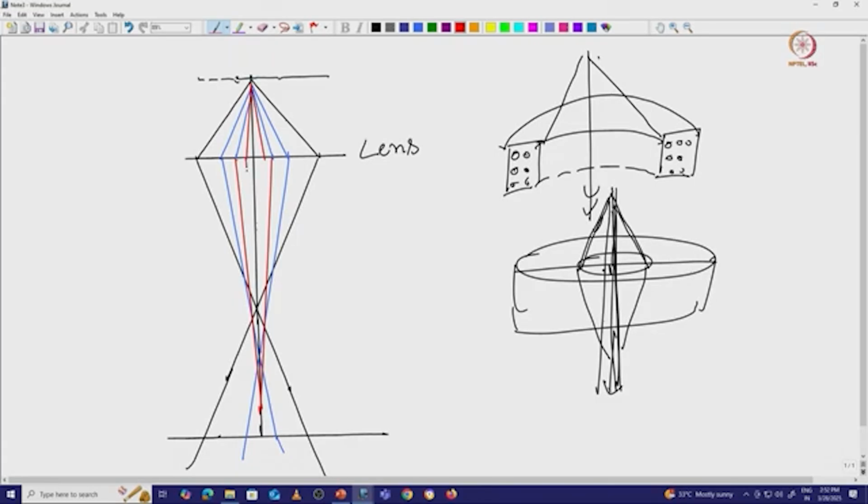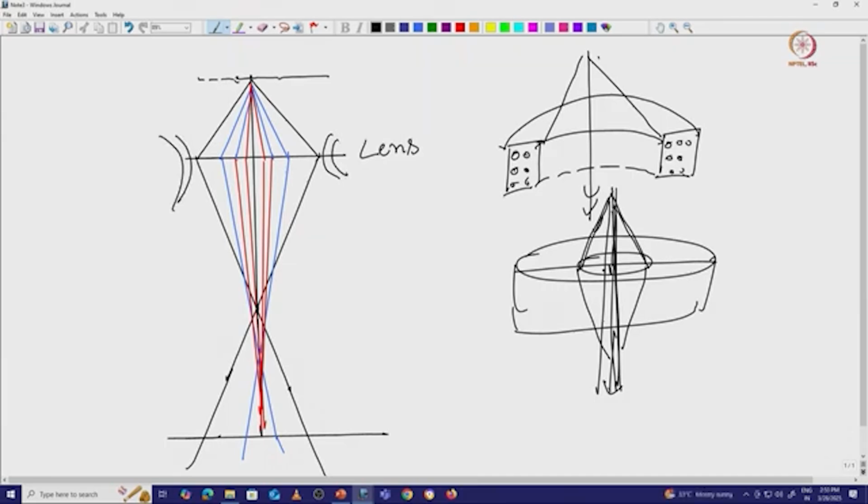If I draw this one also, it will also merge at some point here. The red rays are very close to the optical axis and they converge somewhere here. But look at these black rays, which are close to the magnetic field, and they deviate in a different way.